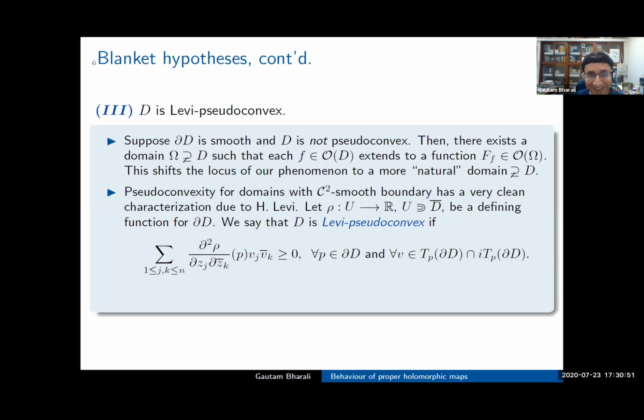Or in more pedestrian words, Levi pseudoconvexity is a weak form of convexity, sufficiently weak that it is preserved under biholomorphisms.